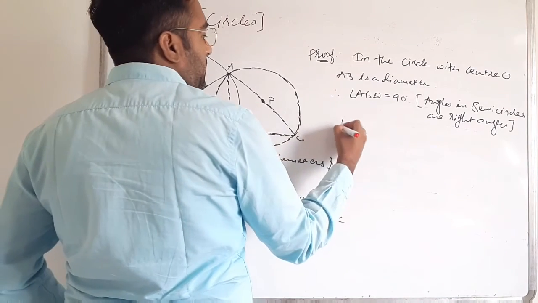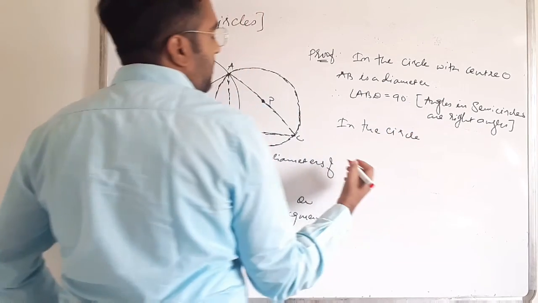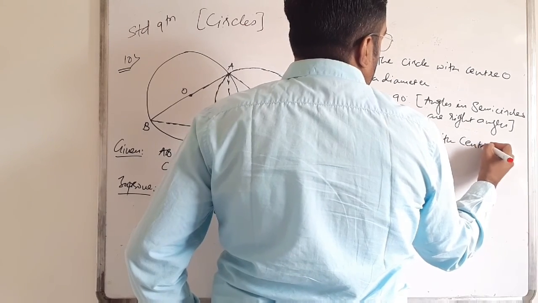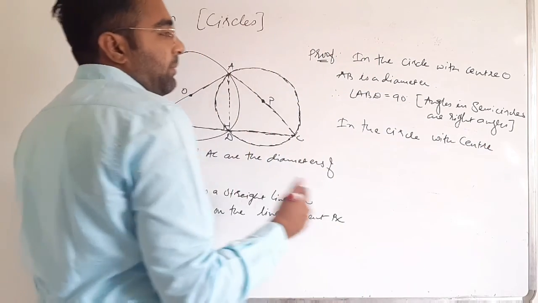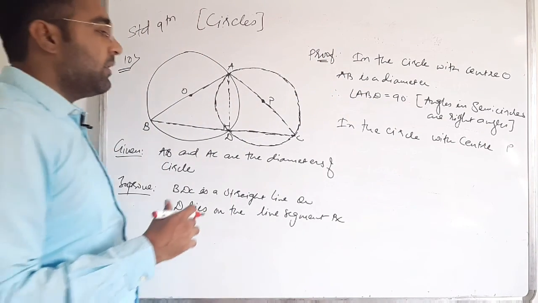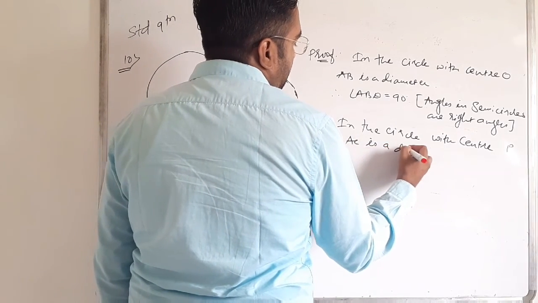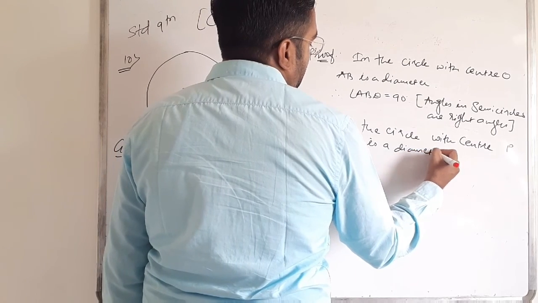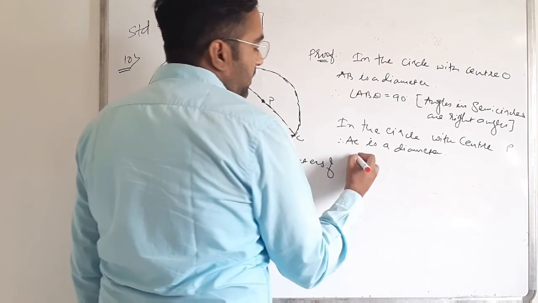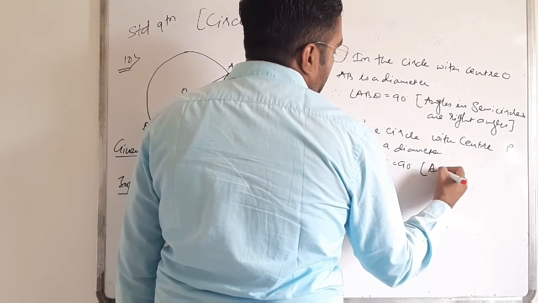Second thing, in the circle with center P, we have to move to the second circle. So therefore AC is a diameter, so therefore angle ADC is also 90 degree.